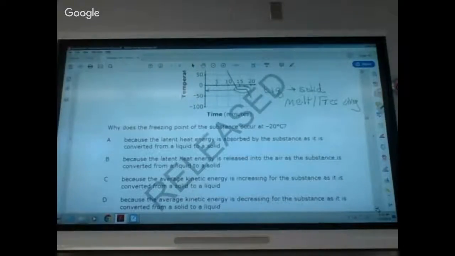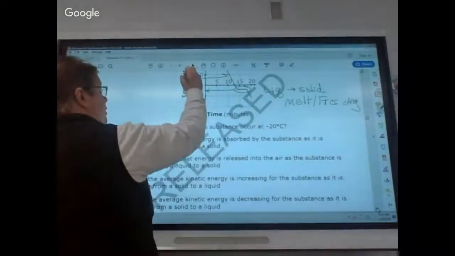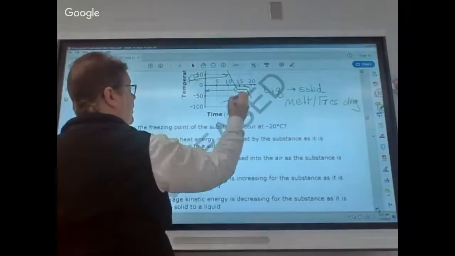Now, thinking back on the graph that we did, since it's a flat spot, is kinetic energy changing or potential energy changing? Kinetic energy needs the graph to be going up or down because temperature changes. So kinetic energy is here and here.